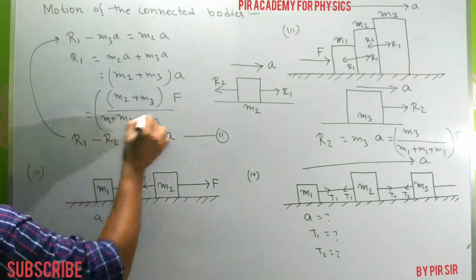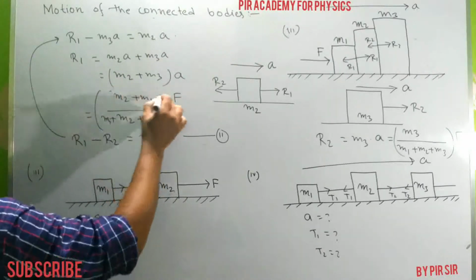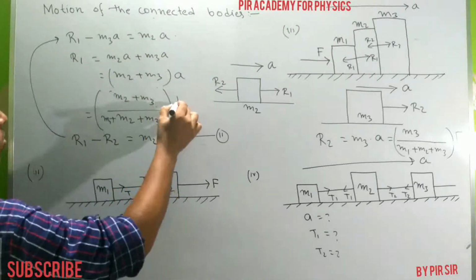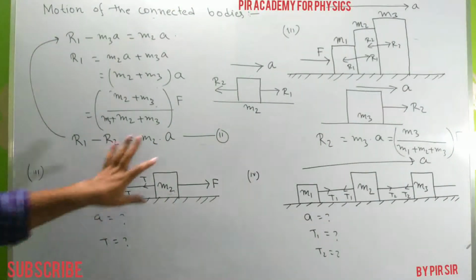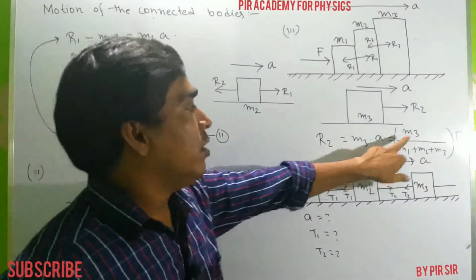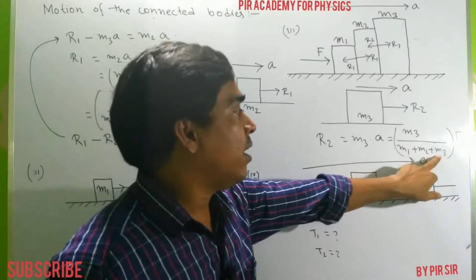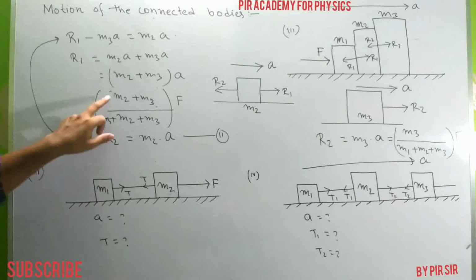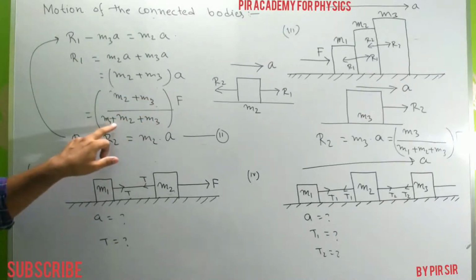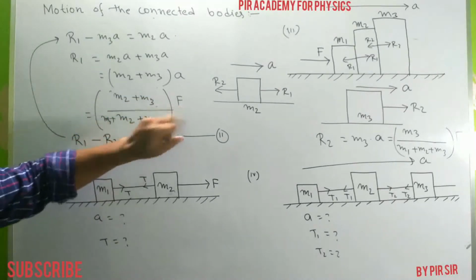This is the total force exerted by M3 on M2. Here R2 is M3 by M1 plus M2 plus M3 into F. Here R1 is equal to M2 plus M3 divided by M1 plus M2 plus M3 into F.